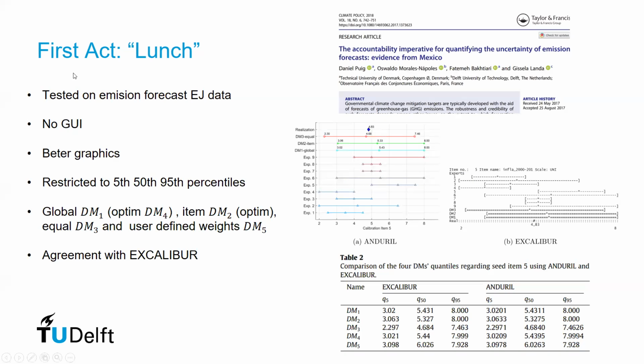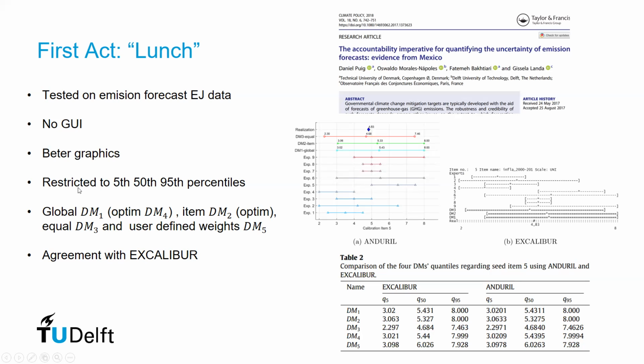Okay, so what happened with Anduril? Well, it has no graphical user interface, but because it's MATLAB based, it already improved a little bit on the graphics. So these are the kind of graphics that one can get from Anduril in the MATLAB version. And for comparison, this is the kind of graphics that most of us are familiar with from Excalibur.